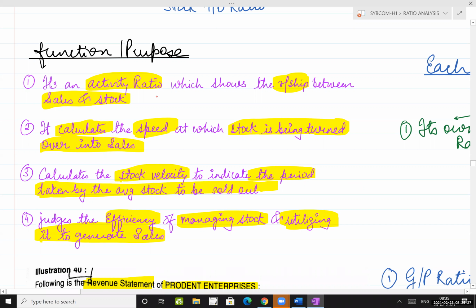It's an activity ratio which explains the relationship between sales and stock. This is what I said earlier. It calculates the speed at which stock is being converted into sales. It calculates the velocity to indicate the period taken by the average stock to be sold out, that is, the speed at which it is converted into sales. Then it indicates the efficiency of managing stock and utilizing it to generate sales.